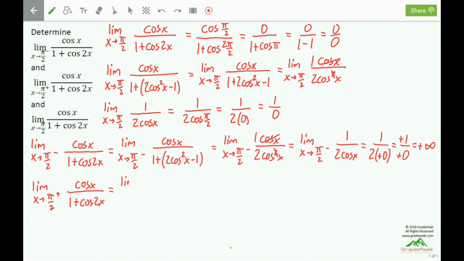The right-sided limit can work out in a similar fashion. Start with the identity for cosine of 2x in the denominator.